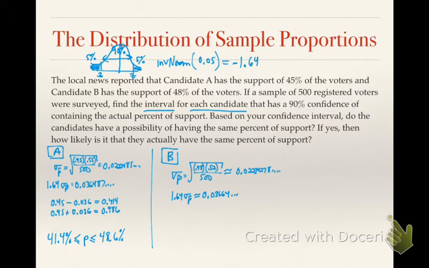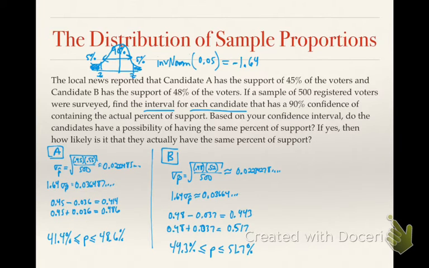Which means I'm going to take the 0.48, subtract off 0.037, and add 0.037. That gives me 0.443 and 0.517. Written as percents, 44.3% is less than or equal to the proportion for candidate B, which is less than or equal to 51.7%.